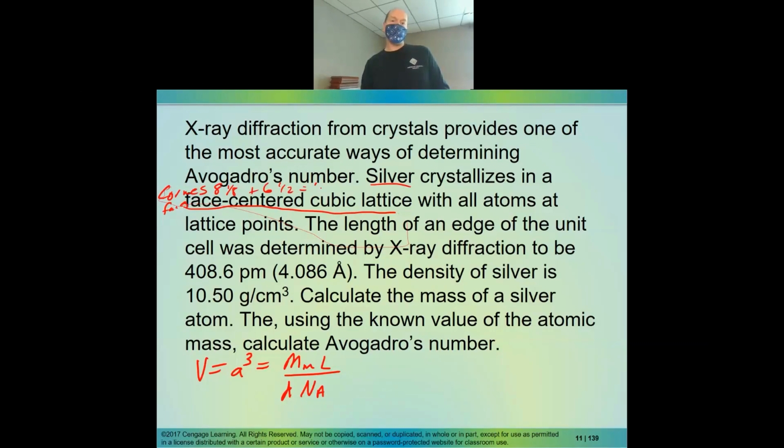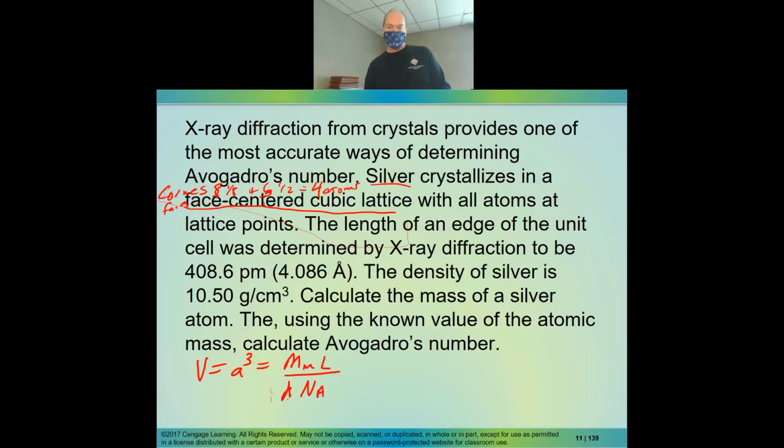And so you have to know that a face-centered cubic has 4 atoms in the cube. You will actually see 14 of them, 8 on the corner, 6 on the faces. That's 14 of your silver atoms, but we don't care how many silver atoms we see, we want to know how many are in the cube. And only 1/8 if it's on the corner is in the cube, and 1/2 if it's on the face is in the cube.